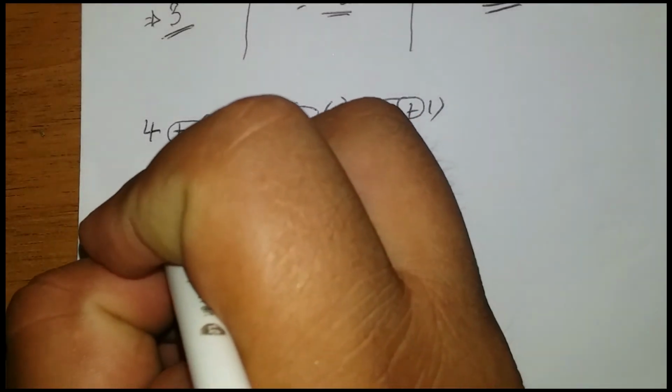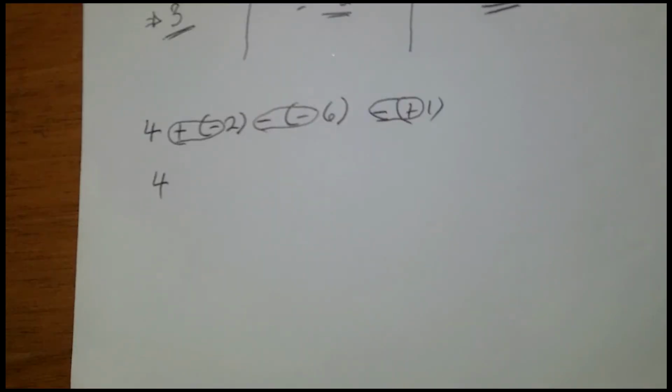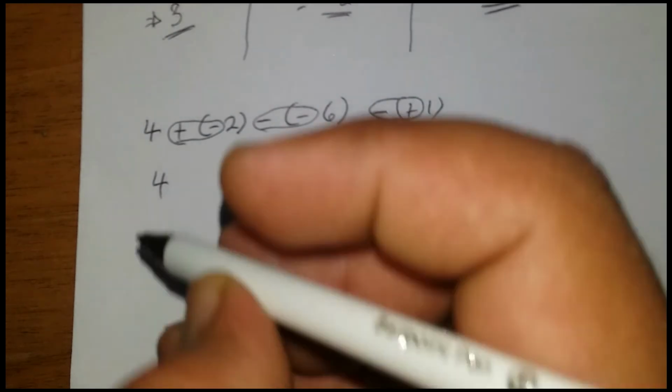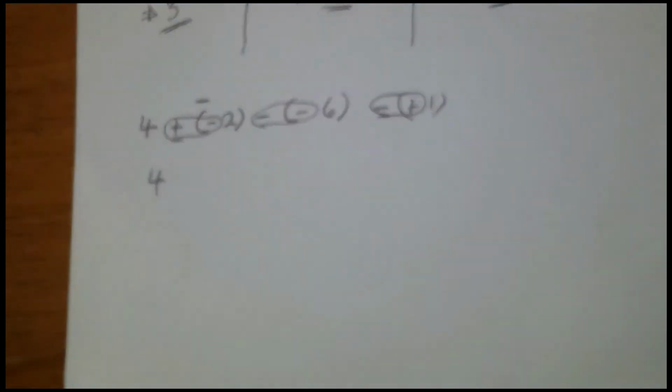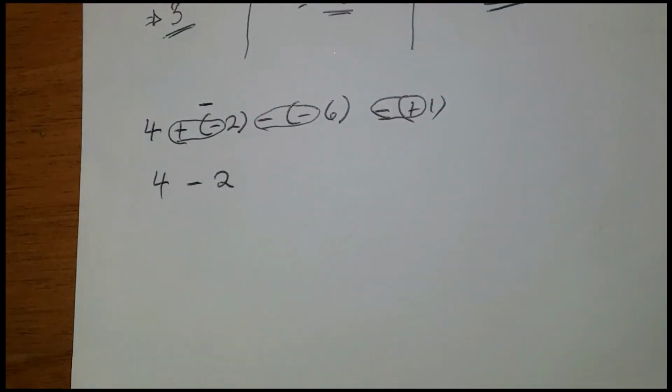Bring down the 4, the positive. Positive and negative 2, they are different signs, so that means my sign is going to be negative. So I have a negative 2 here. The next one, negative, negative 6. The signs are the same.